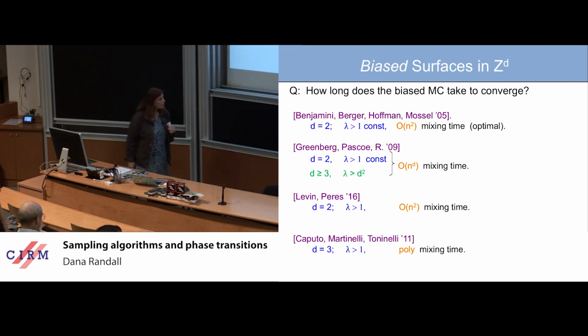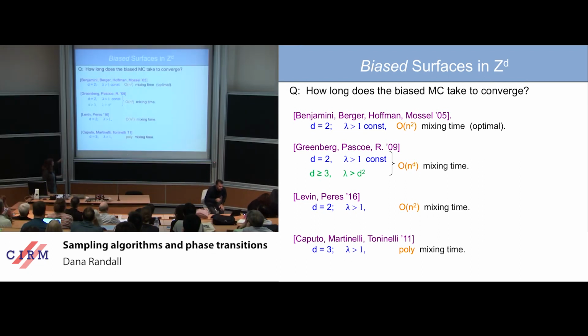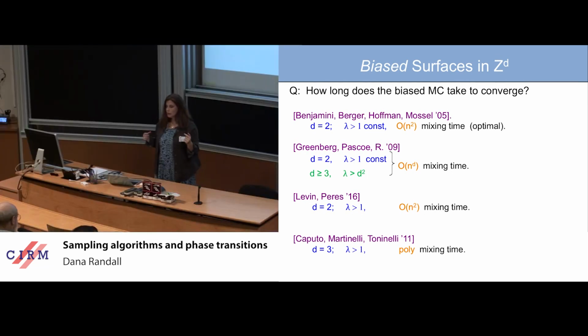And then more recently, there were a couple of results. David Levin and Yuval Peres showed this for arbitrary lambda. So the first 2 results are when lambda is constant, but the result that we need here is going to be when lambda can be 1 over n.